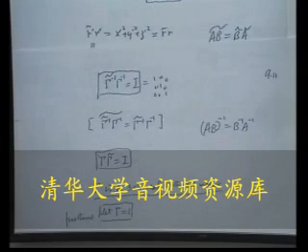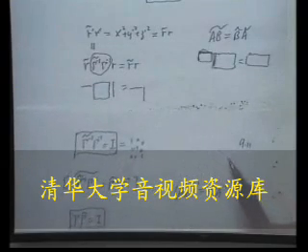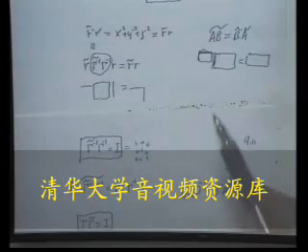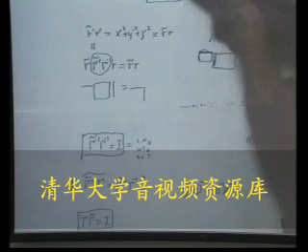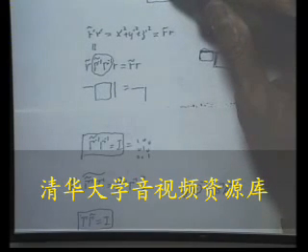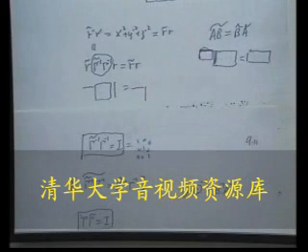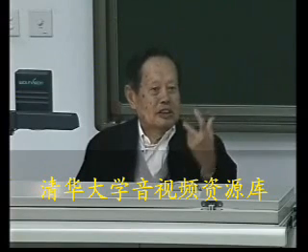Then x prime is equal to x, y prime is equal to y, z prime is equal to z. We'll go back to this formula. If it's no motion, then r prime is equal to r, so gamma is the unit matrix. Gamma is 1, 1, 1. The determinant of the unit matrix is of course 1. Now I make a slight motion.